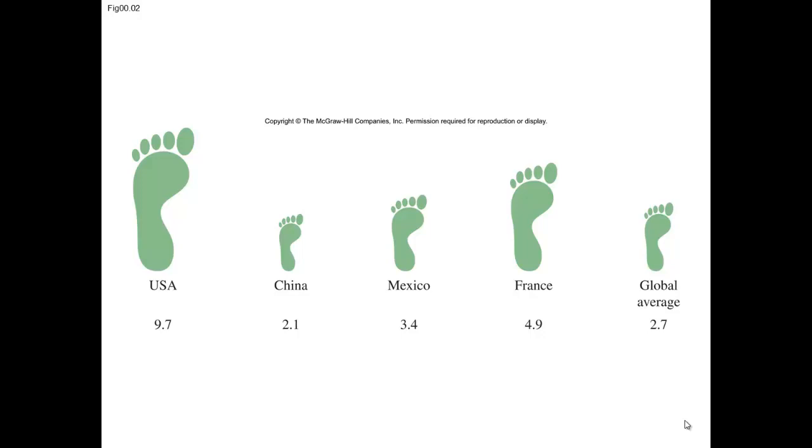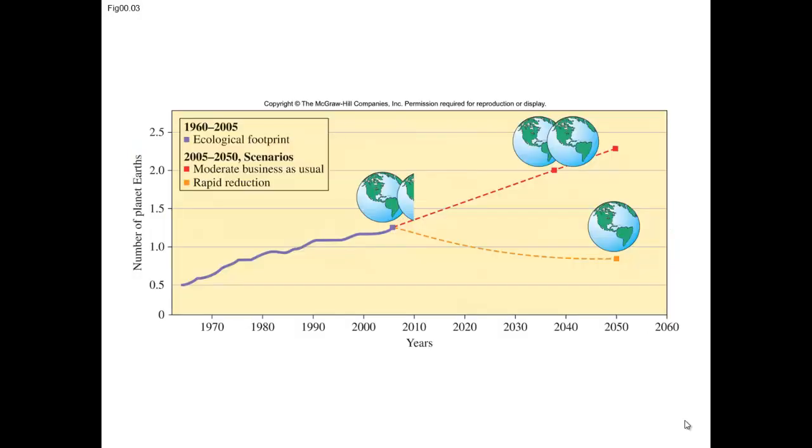Why do we as individuals in the USA need so much energy, so much land? And if you look at what we're doing in terms of the amount we're consuming, this is a graph that shows where we are going from 1970, and this is the number of planet Earths we need to sustain our lifestyle.